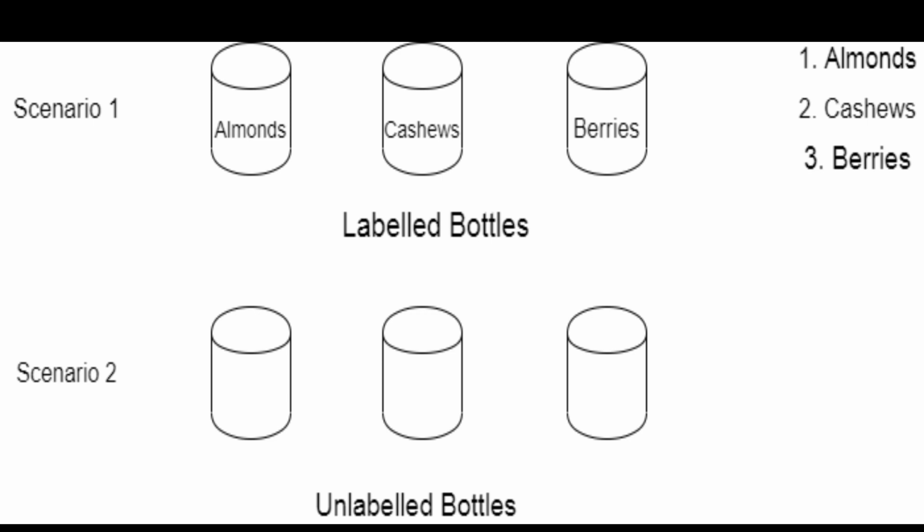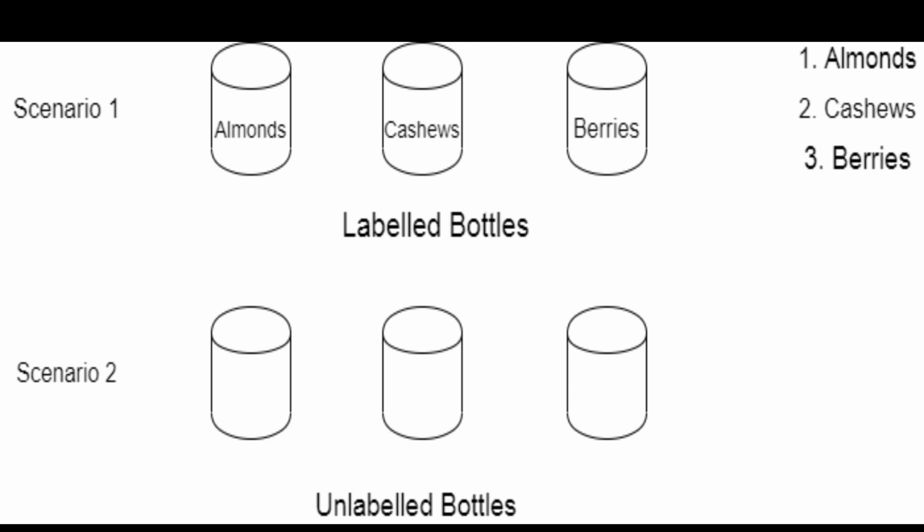In the first scenario, I am going to store all three into labeled bottles. The first bottle is for cashews, the second bottle is for almonds and the third bottle is for berries. I store the nuts into the respective bottles that I have labeled already.